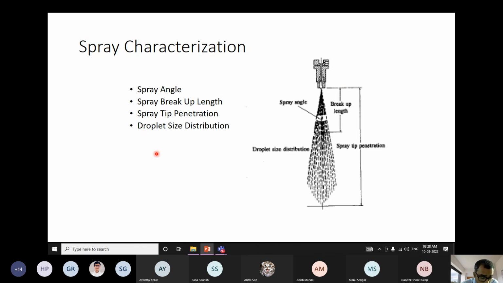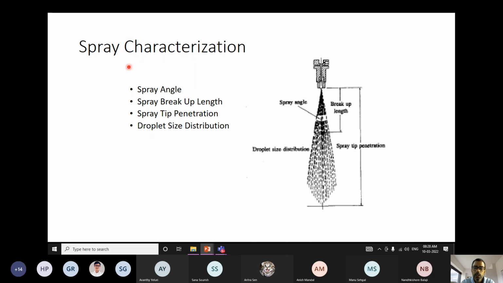So in the constant volume combustion chamber, with the high speed photography and the PDPA equipment setup, we are very much in a position to do the experiments and measure all four parameters in conditions very close to realistic.